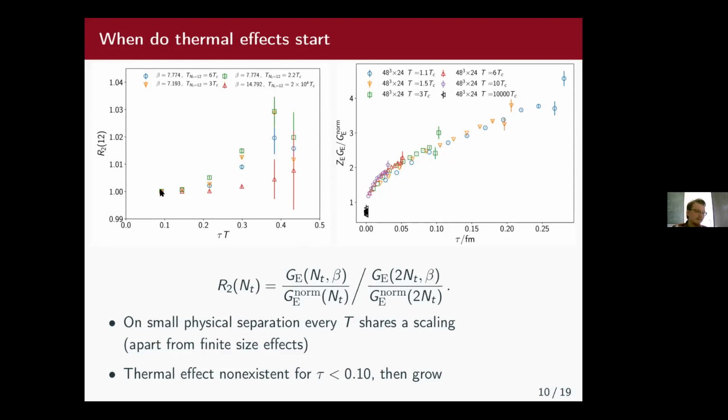We can see that this ratio is 1 at very small separations of the electric fields, meaning there are very little thermal effects at small separations, and then we have thermal effects at large separations. The smaller the temperature, the bigger the thermal effects are, with 10,000 Tc being pretty much equivalent to no thermal effects, as expected. We can also see a very nice scaling if we plot everything in physical units. And we can see that the scaling breaks down at very small tau T, and this is probably because of systematic lattice effects.